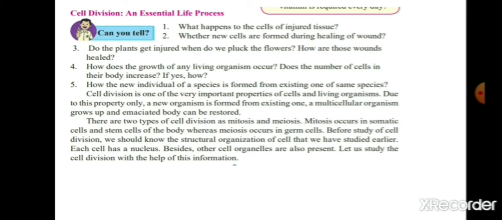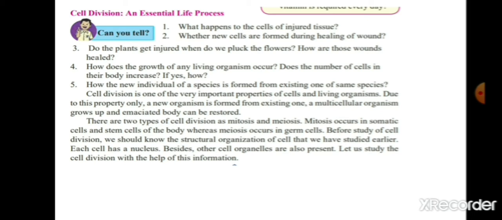In mitosis, the chromosome number does not change, whereas in meiosis, the chromosome number is reduced to half. In mitosis, the mother cell gives rise to 2 daughter cells. In meiosis, the mother cell gives rise to 4 daughter cells.